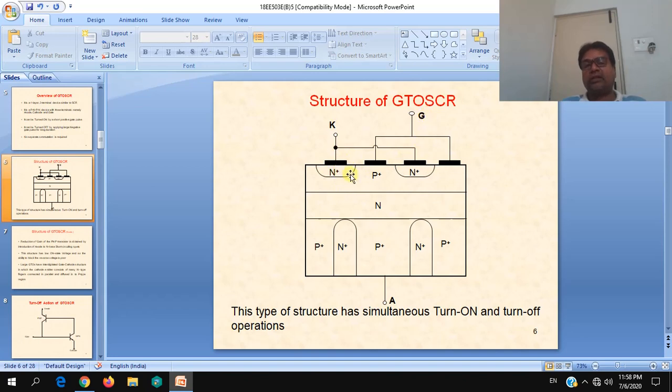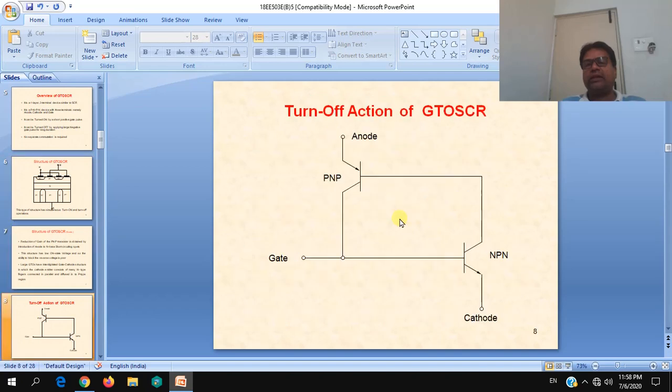Some of the electrons from the on state anode current will be taken back to the gate terminal. Because of that, anode current decreases, and now the base current of NPN transistor decreases. Eventually, collector current decreases. Likewise, so on. As the PNP transistor has little gain, it decreases again.